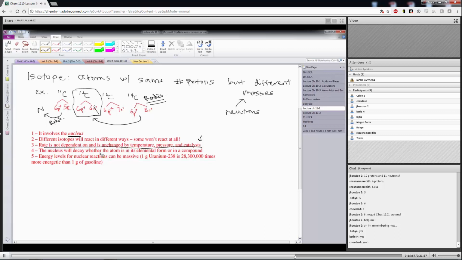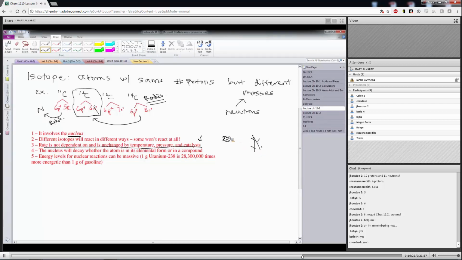The nucleus decays whether the atom is in an elemental form or in a compound. So if I have elemental carbon, like a little hunk of coal, or if I have sugar, let's draw a picture of sugar cane, which has carbon in it.